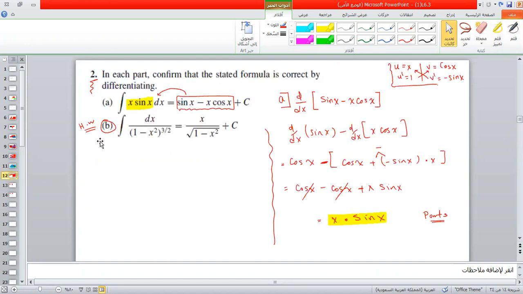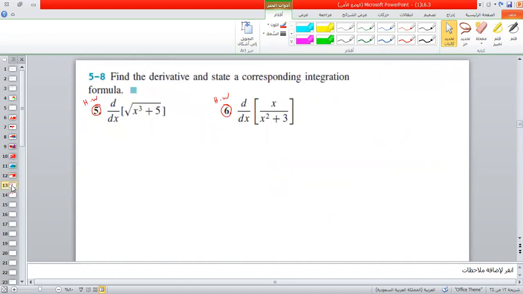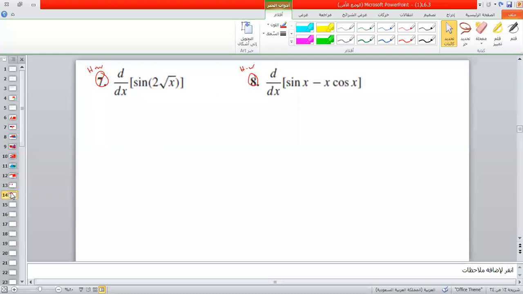Again, your homework, guys, is question 2, letter B, and 5, 6, 7, 8 only. If you'd like to take a screenshot quickly. That's all for today.